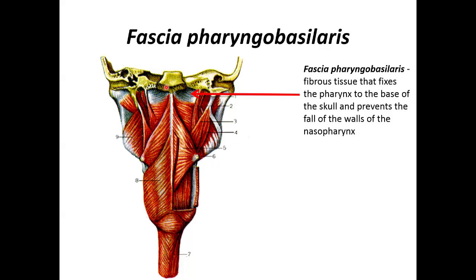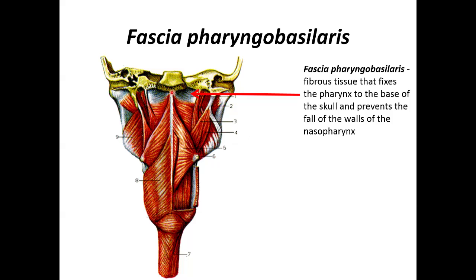We can ask ourselves why this quite heavy structure as pharynx is fixed to the base of the skull. Why? Because fascia pharyngobasilaris is connected to the periosteum of the skull.